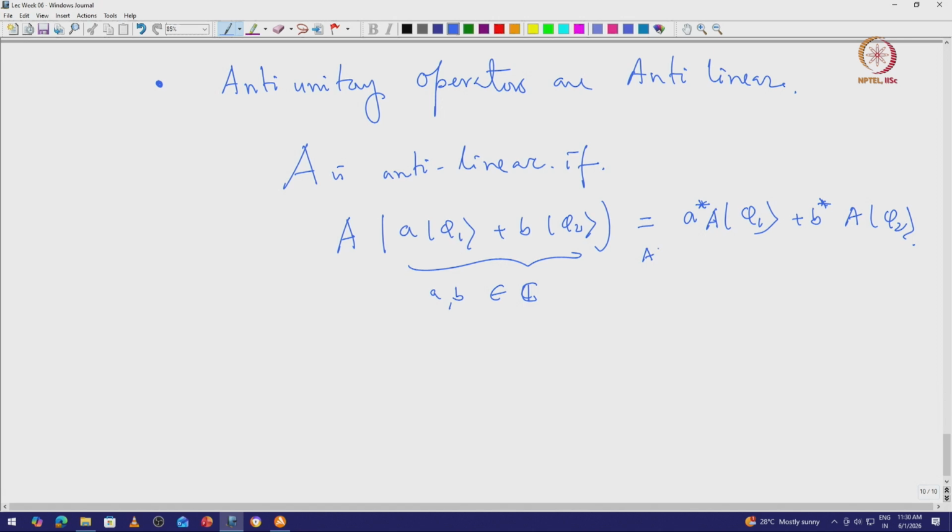For antilinear, if it was linear you would have gotten this for a linear operator.